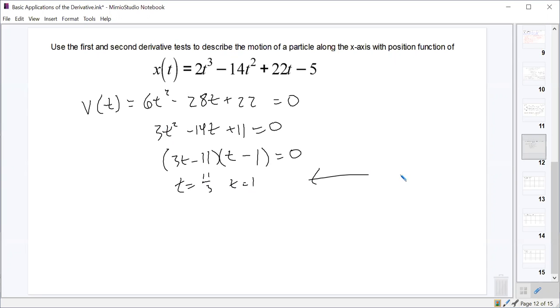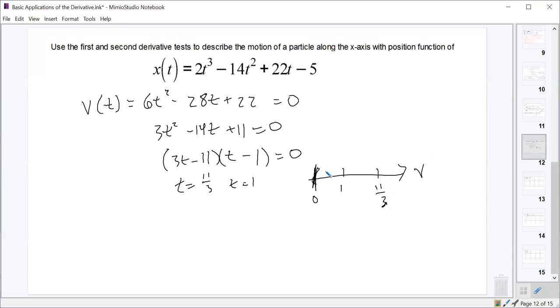And if we make a sign chart with those, there's 1, there's 11 thirds, and we might want to start this over here at 0 because we're not going to have t values less than 0. So let's make sure we only plug in things between 0 and 1, between 1 and 11 thirds, and greater than 11 thirds. This is velocity.